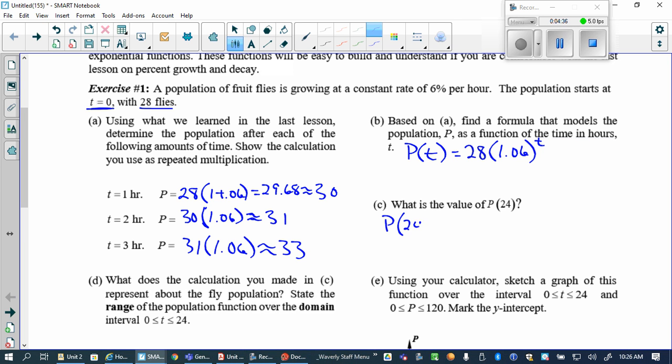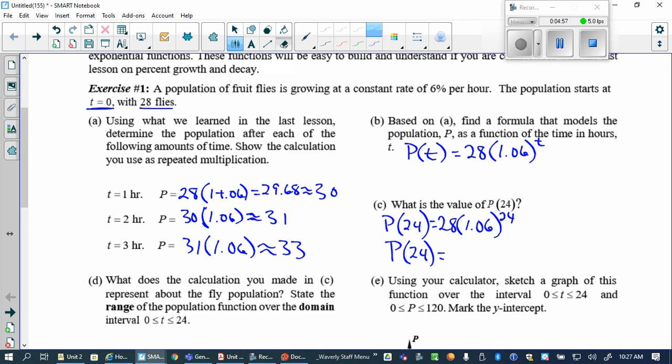We know how to do this, right? 28 times 1.06 to the 24. So what's that give you, kids? Push buttons. So about 113 flies.